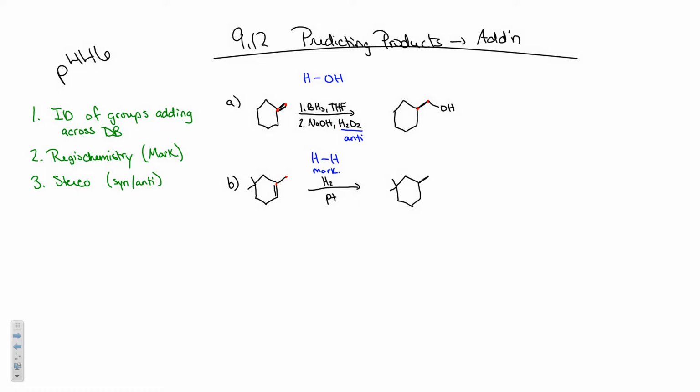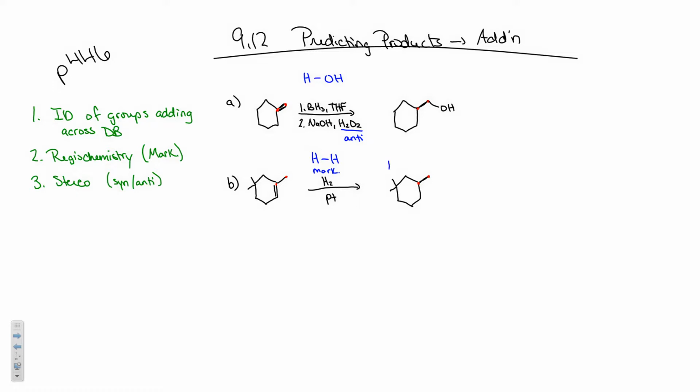And so, do I have any stereo concerns here? So look at the red carbons. Are either one of those chiral? Yes, the one attached to the ring. And so, when you do hydrogenation, is this syn or anti? Well, it's syn if you have 2. Let me back up.